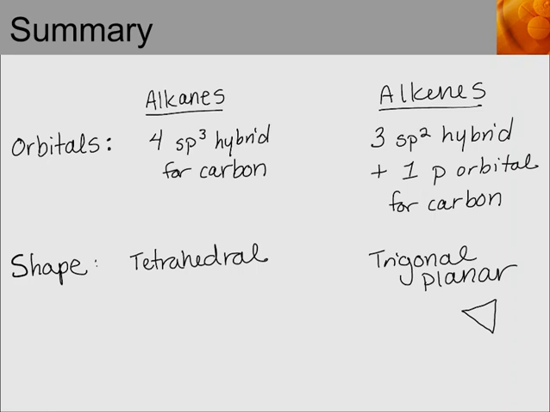And those would be our sp2 hybrid orbitals. Now let's talk about the angle that we expect between bonded atoms. So for alkanes with the tetrahedral geometry, we would expect an angle of 109.5 degrees. But for alkenes, because we have that trigonal planar triangular shape, the angle will be 120 degrees.